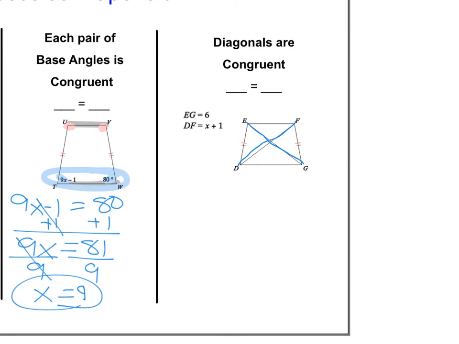So since those are in an isosceles trapezoid, we know that those diagonals are congruent. So to solve, we're going to set them equal to each other. So EG is 6, so 6 is equal to DF, which is x plus 1. So to get the x by itself, I'm going to subtract 1 from both sides, and I get x equals 5.